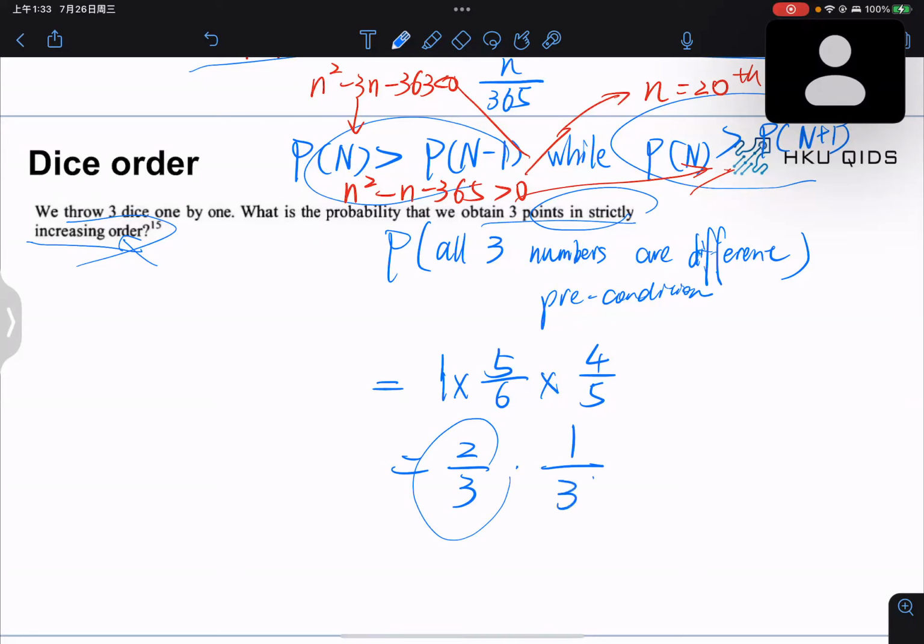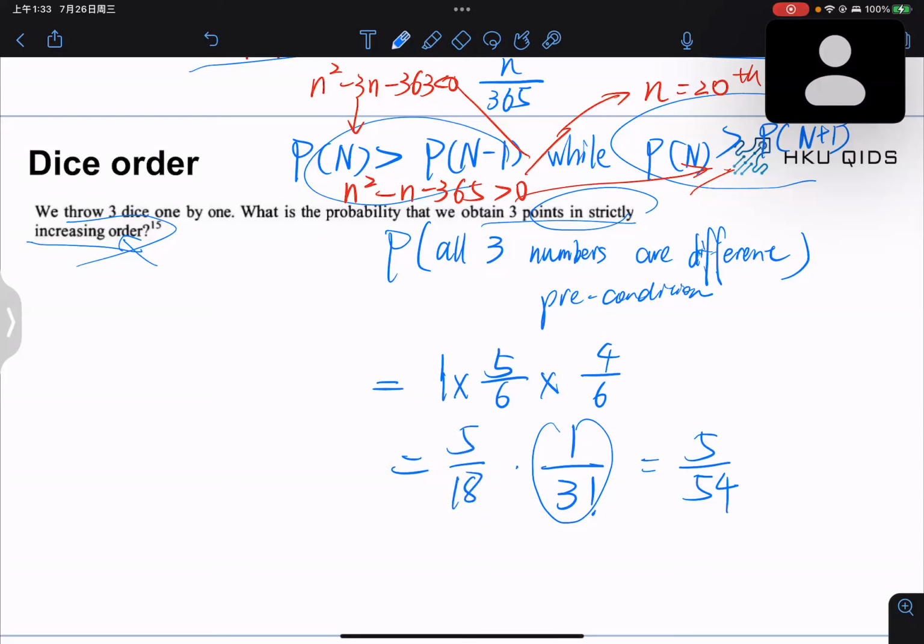It is just 3 factorial, which is 6, so the result is 5/54. Sorry, this part should be 6/6, 5/6, 4/6.